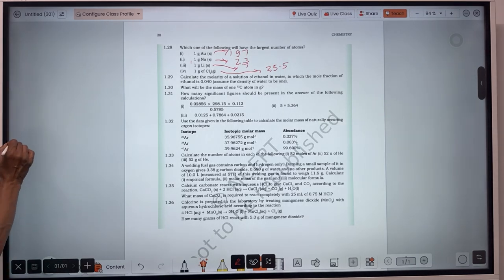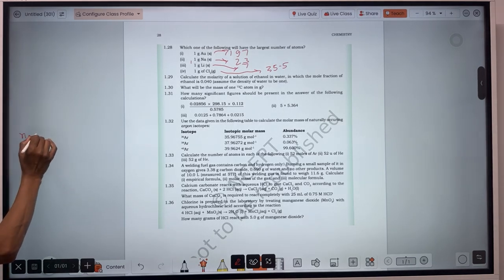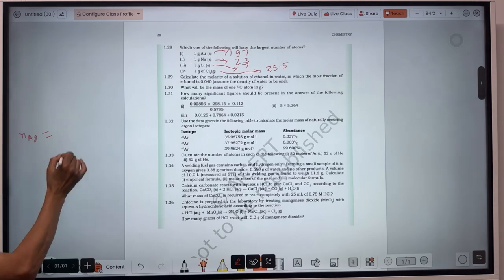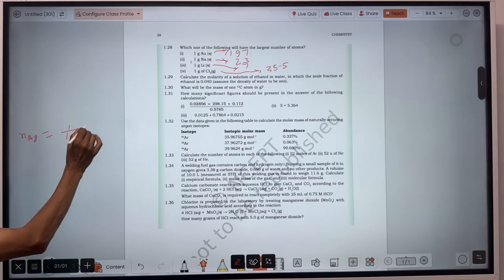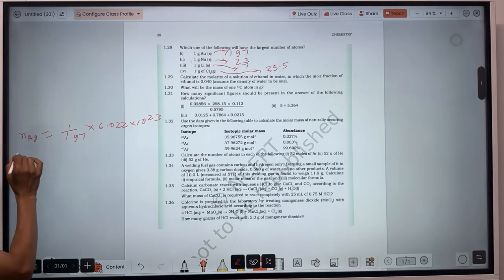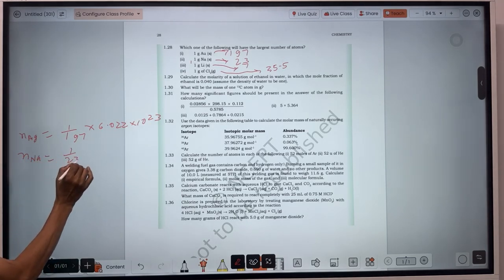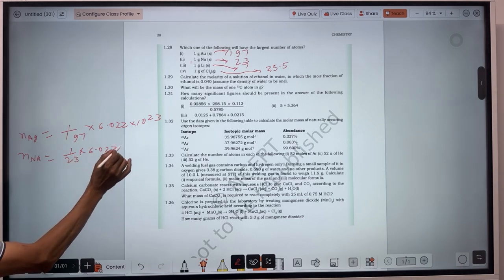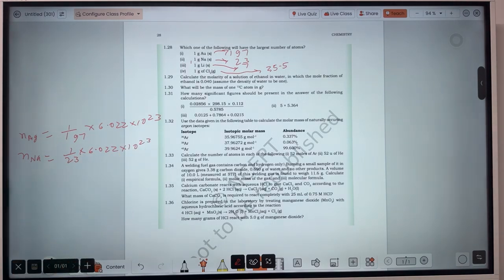In other words, the number of gold atoms will be 1 by 197 into 6.022 into 10 power 23. Same number of sodium atoms will be equal to 1 upon 23 into 6.022 into 10 power 23. Same for the lithium.